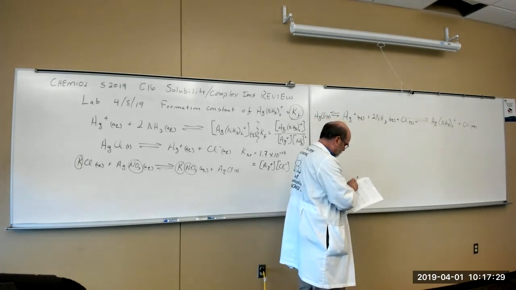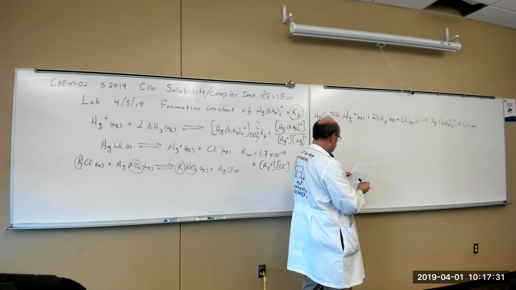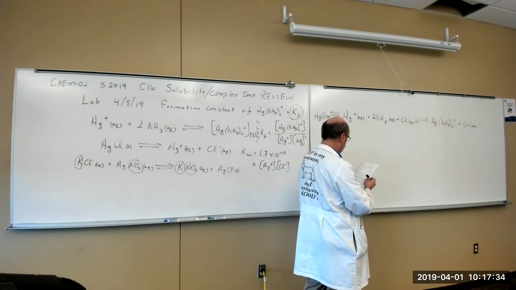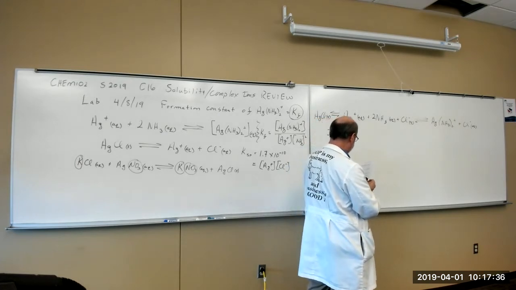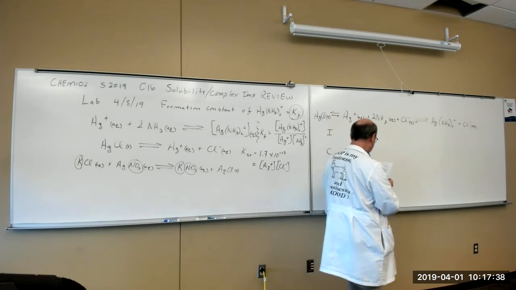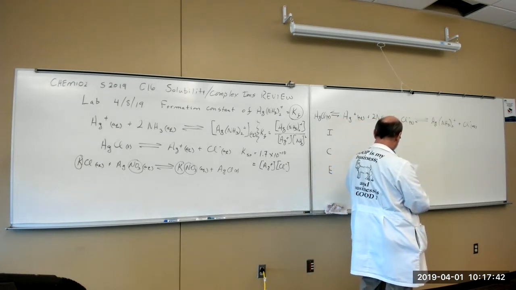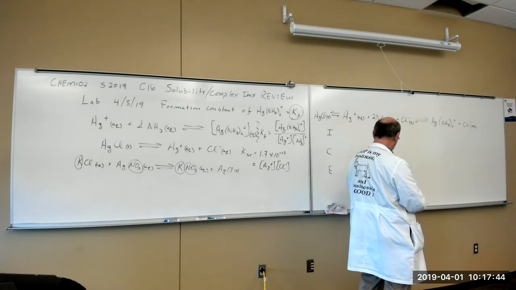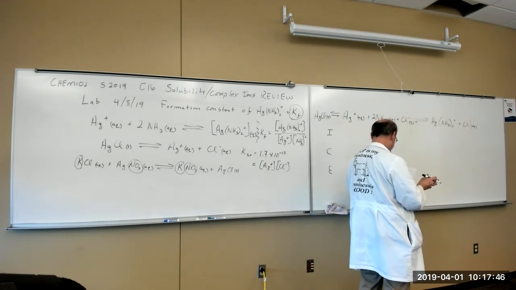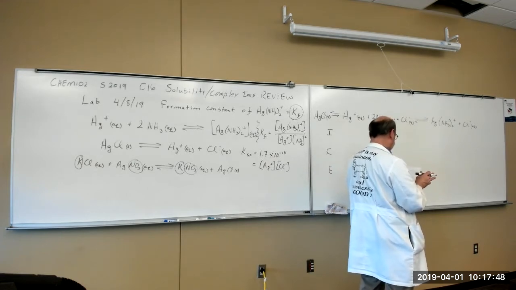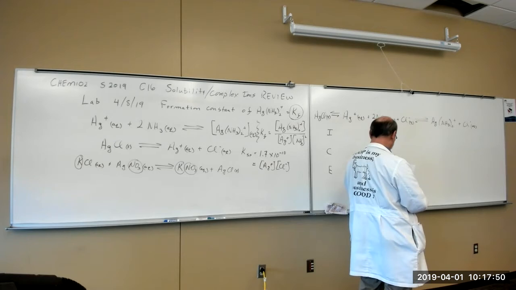Okay, so in this example, we have a 5 milliliter aliquot of 0.1 molar silver nitrate treated with 5 milliliters of 1 molar ammonia and diluted to 100 mils. So that's our starting point.